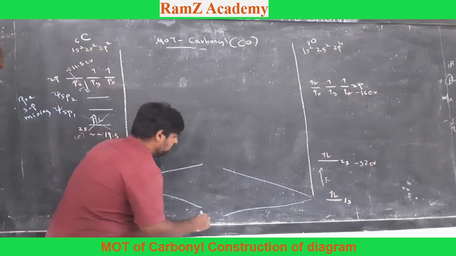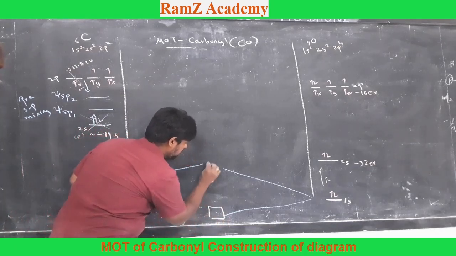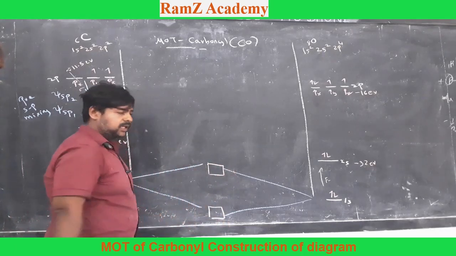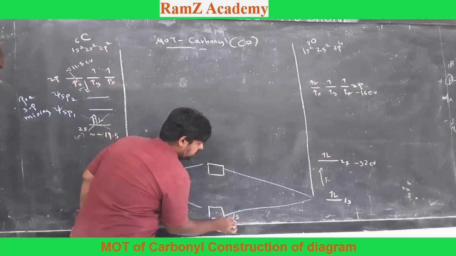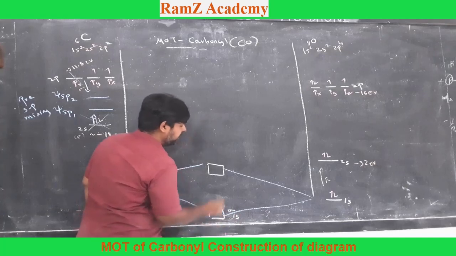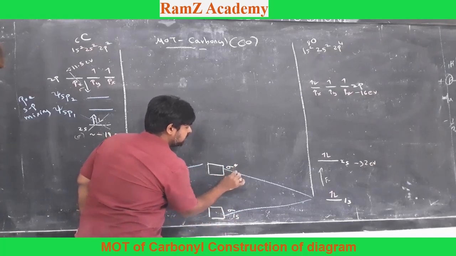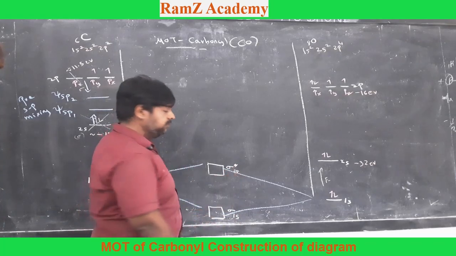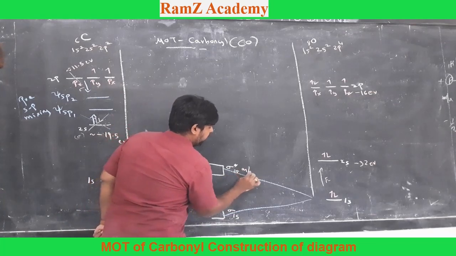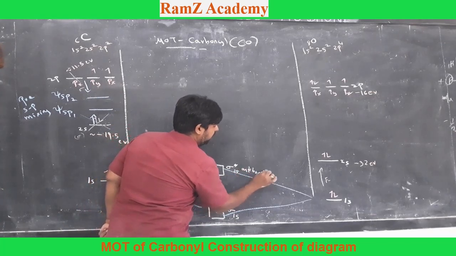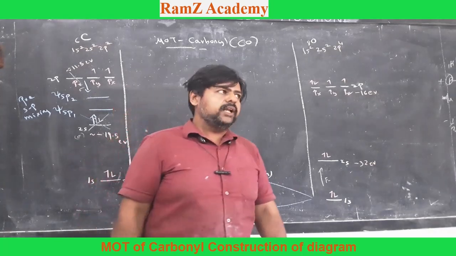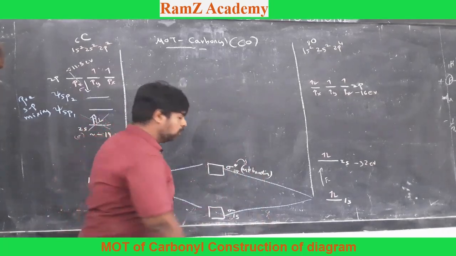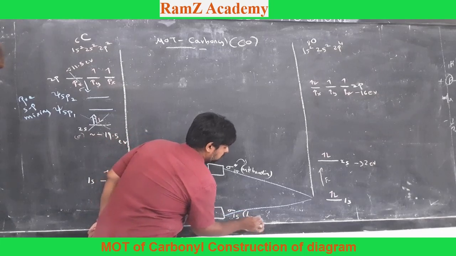This will give you two molecular orbitals. One is of bonding nature, so we call this sigma 1s, and the other one we call sigma star 1s. The star indicates that this has anti-bonding character, whereas the other has more of bonding character.